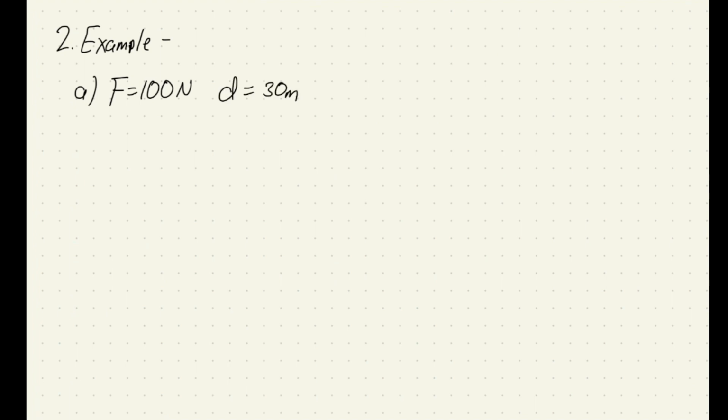So we're exerting this 100 Newton force constantly over a distance of 30 meters. And we'll say that the distance is in the x direction and the force is also horizontal, so in the x direction. And so when I do my F d cosine theta, I know that these are both, here's my force vector, here's my plus x direction, and there's my displacement vector, and the angle between my force and my displacement vector is 0.